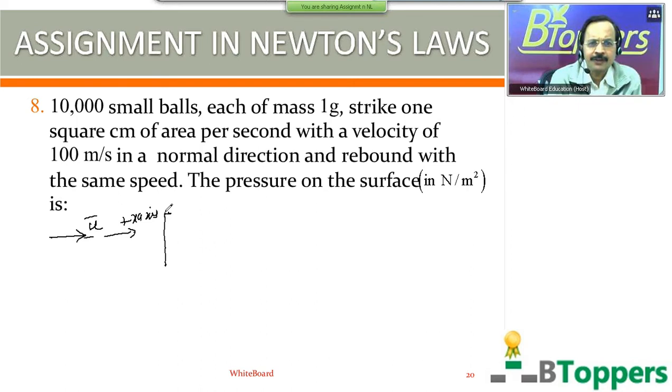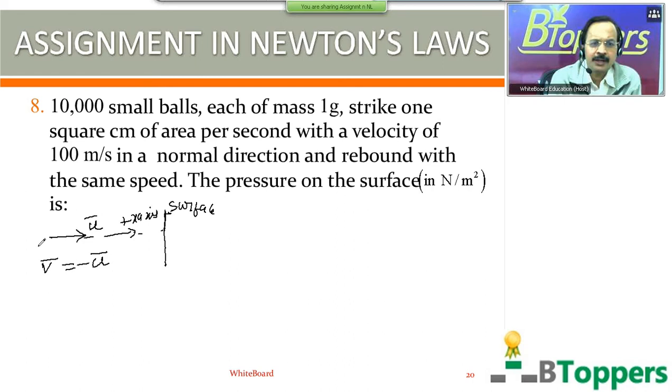So this is the surface with which each ball strikes. After the collision, each ball rebounds with the same speed. That means the final velocity of each ball after the impact is equal in magnitude but opposite to the initial velocity.